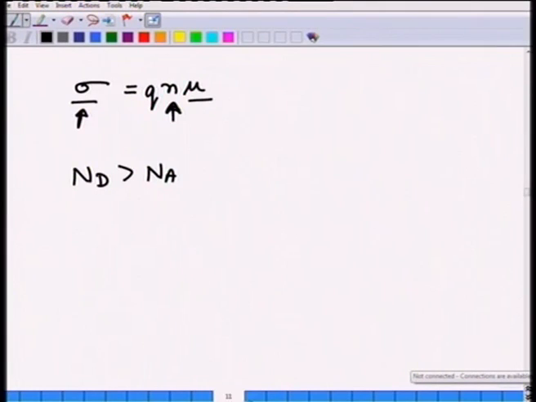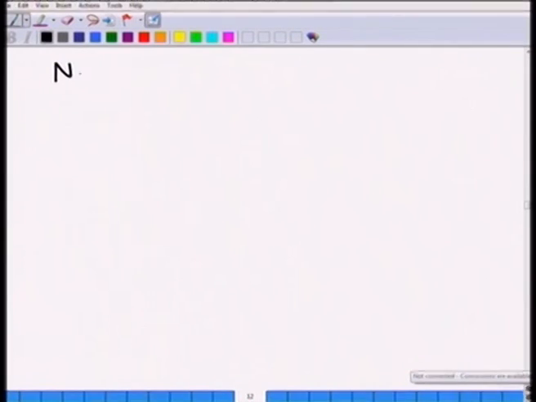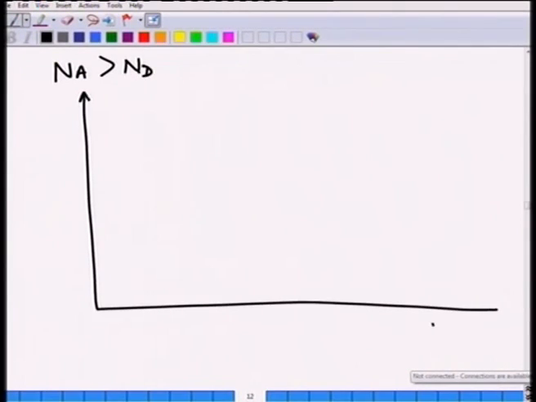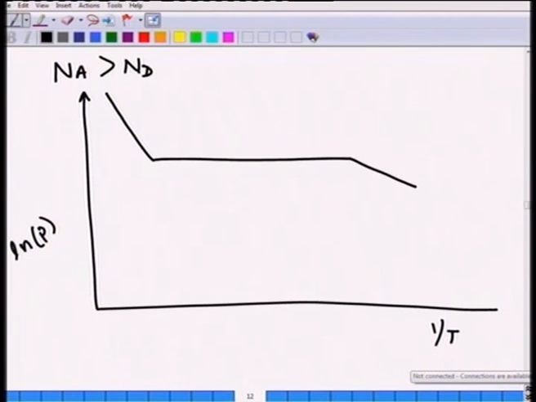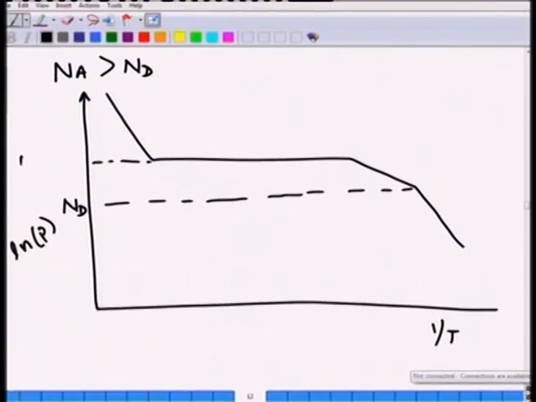By the way, I have taken an example where ND was greater than NA. You could have a situation where NA is greater than ND, in which case I would be plotting log of P as a function of 1 by T, and it is straightforward to say that these curves will look something like this, where now I will be measuring ND here and NA minus ND here, the same analysis.